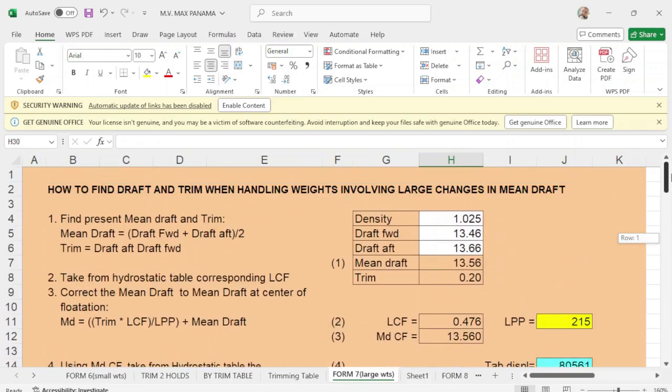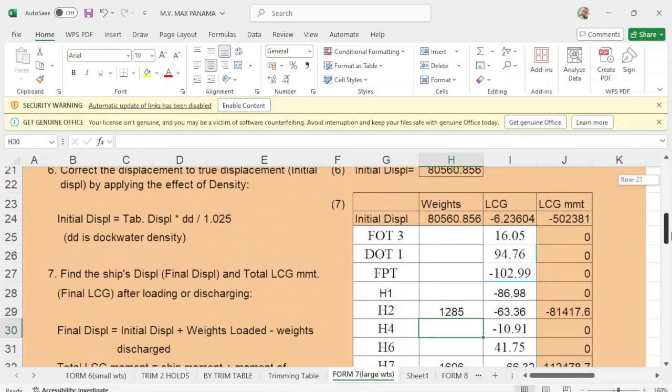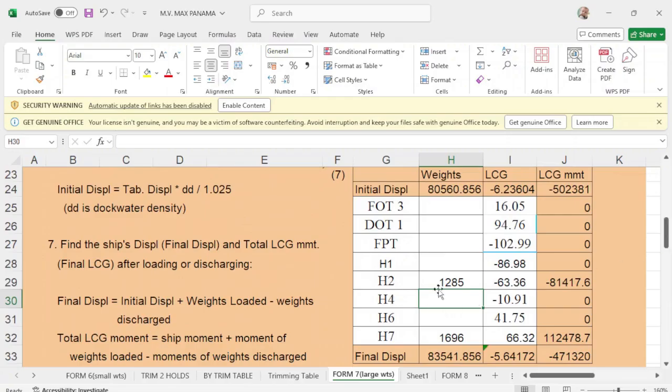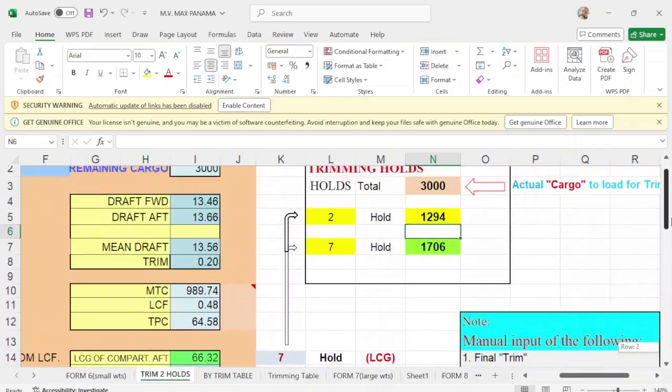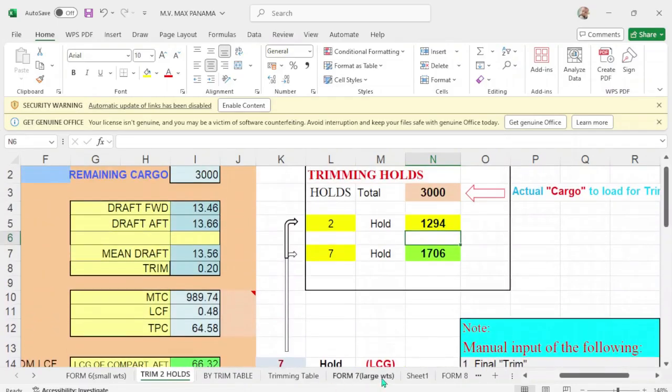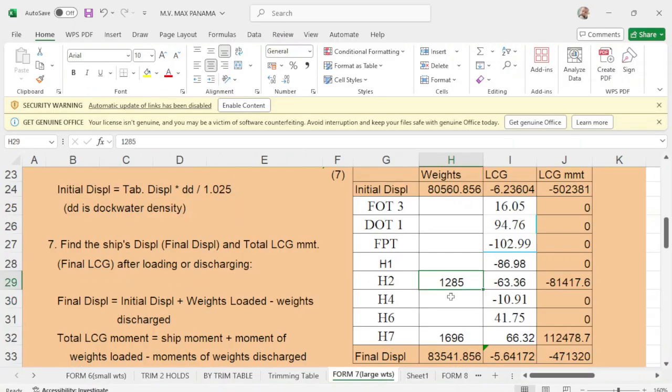You have your initial drop here. Your density is salt water. Then you apply your weight in hole number 2. Number 2 is how much? 1294. Put 1294.